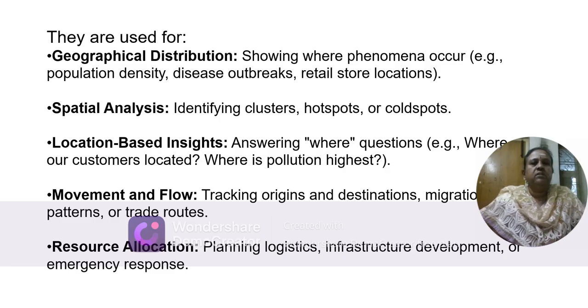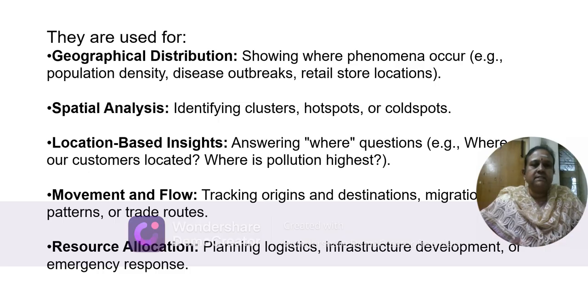They are used for geographical distribution, that is, showing where phenomena occur, or where population density is higher, or where a scarcity, such as water scarcity, is higher, and where there are outbreaks of certain diseases, and retail store locations in different parts of the country, like that. And spatial analysis, where the hotspots and cold spots are available.